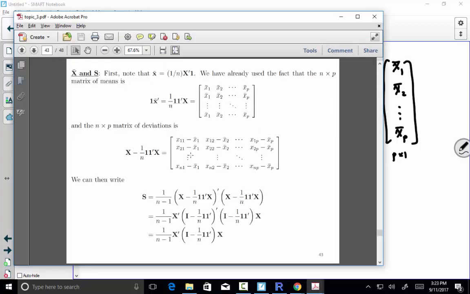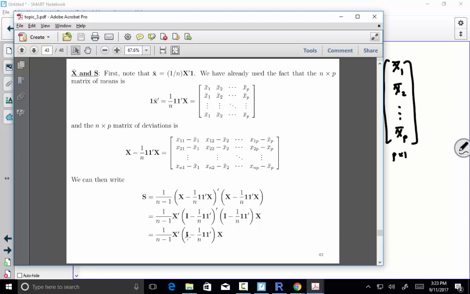I won't go through the details of capital S. I'll let you stare at it for a little while. It takes a little bit of concentration to go through this. But there is an extension to what we just did that results in a matrix-based calculation of capital S. This is the expression.